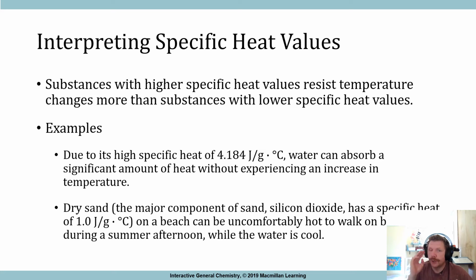Now, interpreting a specific heat value. Substances with higher specific heats resist temperature changes more than substances with lower specific heats. So if you think about boiling water, going from room temperature, let's say 25 degrees Celsius, to 100 degrees Celsius, that takes a ton of energy.